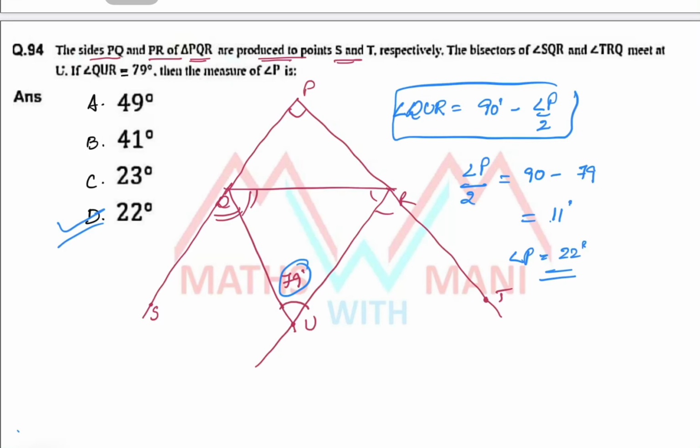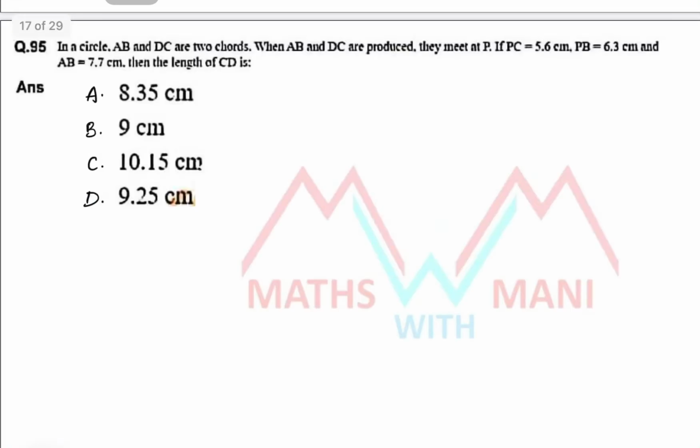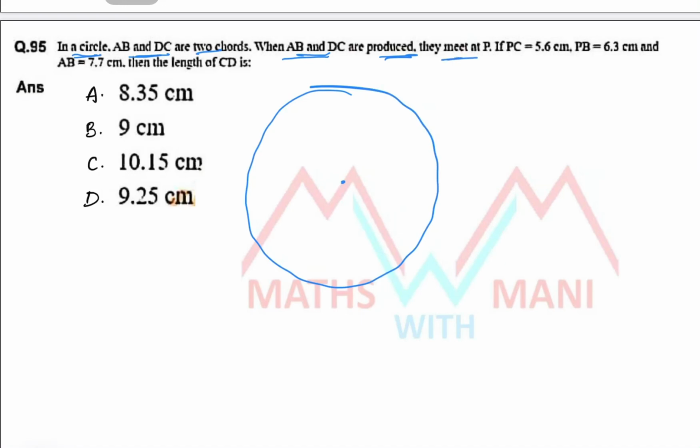Next, 95. In a circle, AB and CD are two chords. Suppose it is a circle. Please observe here, two chords are there in the circle, and AB and DC are produced and meet at P. That means the chords are not intersecting inside the circle, because after producing the chords they intersect at some point.